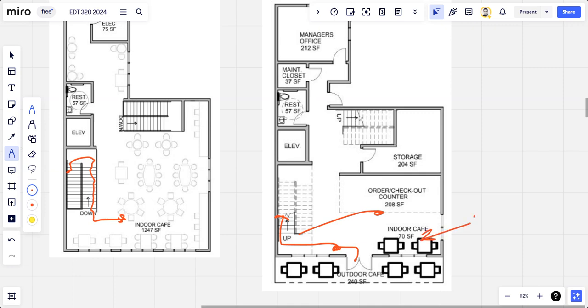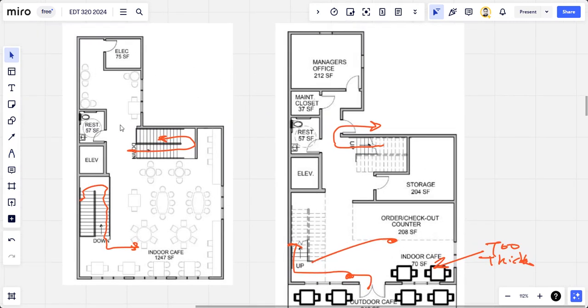Comments on drafting, again, this is too thick. Okay, so try to make sure the furniture is not thick like this. Second exit goes here, then goes down, and then comes down here and exits this door. There seems to be a secluded space here, and that's okay.